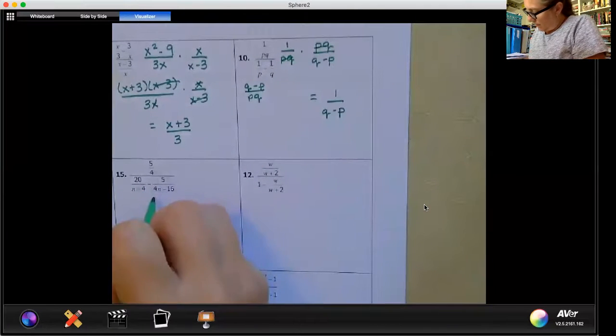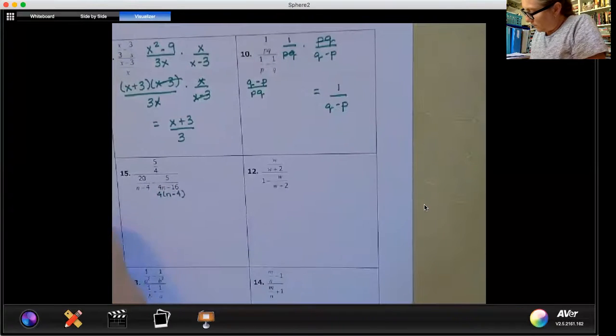So here you are going to have a common factor of n minus 4. So 20 over n minus 4 and negative 5 over 4 times n minus 4. Common denominator is 4 times n minus 4. So as you can see, we're putting all of those skills that we know so far together.